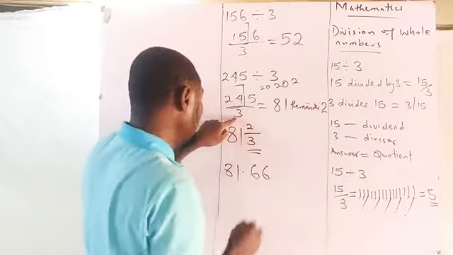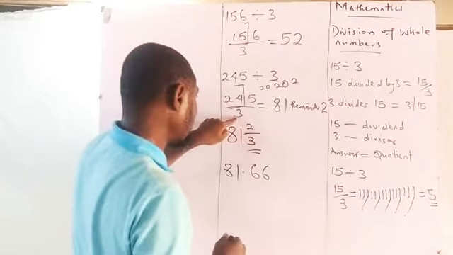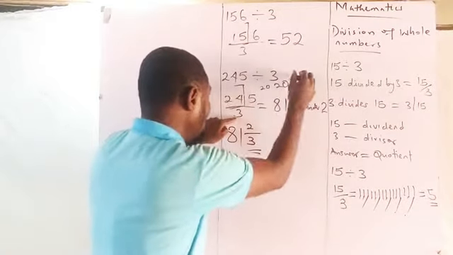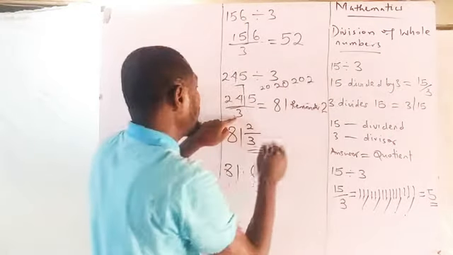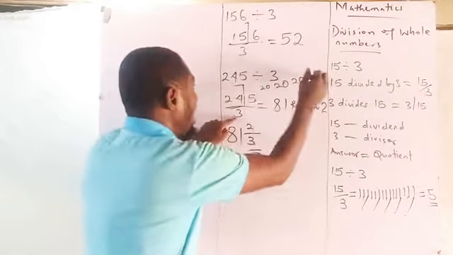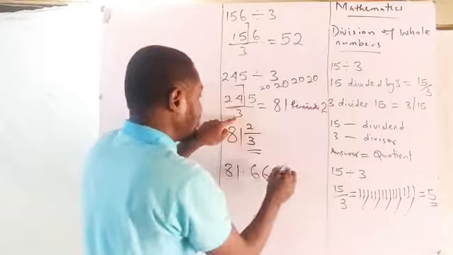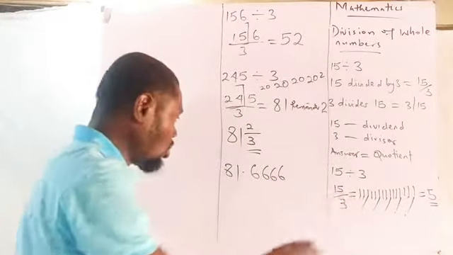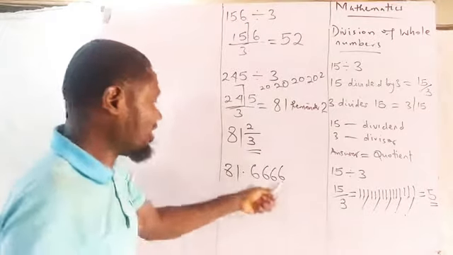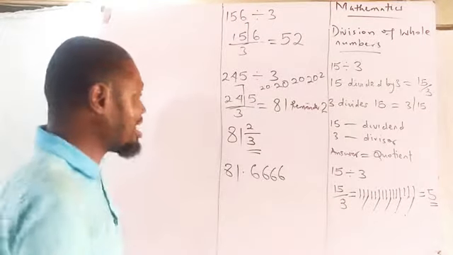Remainder 2 again. 3 cannot go, add 0. 3 in 20, 6. Remainder 2. 3 cannot go, add 0. That will be 6. Remainder 2. You keep on having remainder 2, and you keep on having 6, 6, 6, 6 in that form.